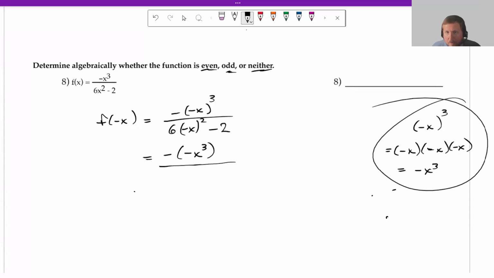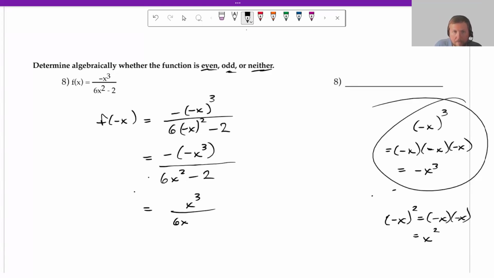The negative x squared, that's negative x times negative x. So that's an even number of negative signs, so that just simplifies to x squared. So now I have 6x squared minus 2 in the denominator. And then up top, negative x cubed makes a negative x cubed, and after simplifying we have x cubed over 6x squared minus 2.